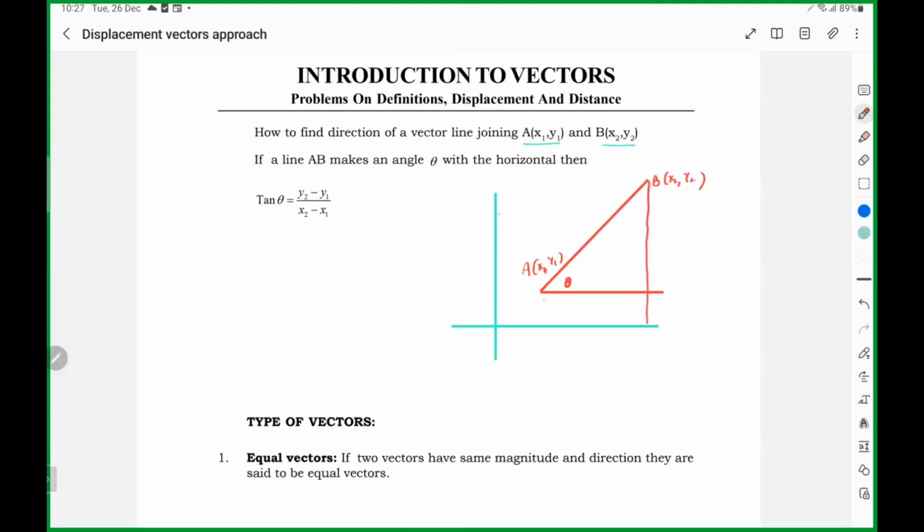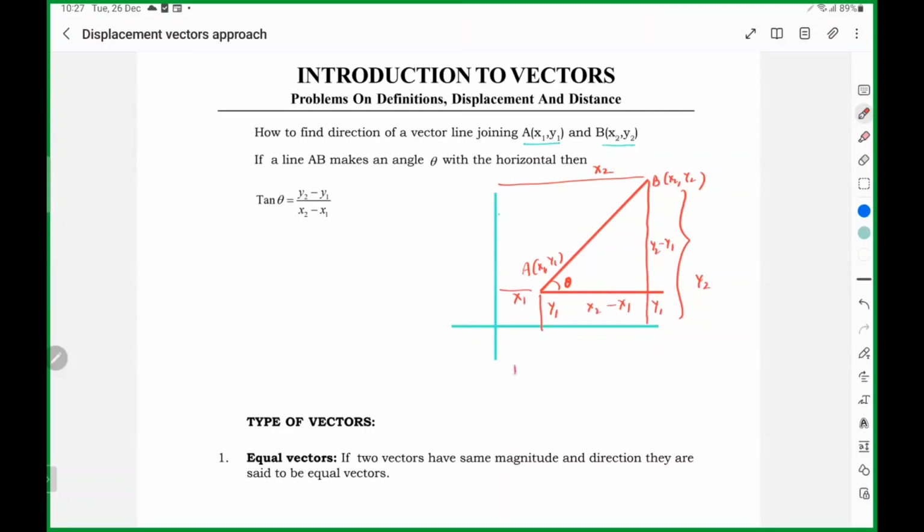Drop a perpendicular. This is y1. From here to here is y2 minus y1. Till here is x2, it is x1.